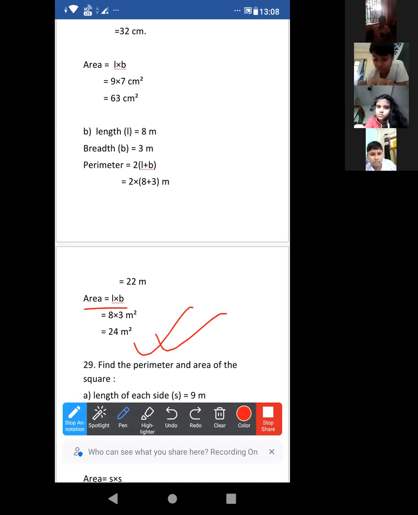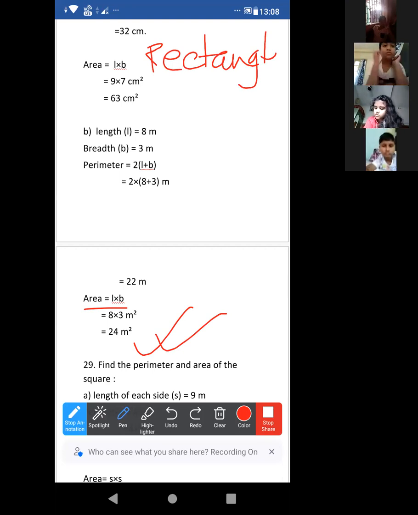Now note 2 points. Give a heading, rectangle, and make a bullet, write perimeter.